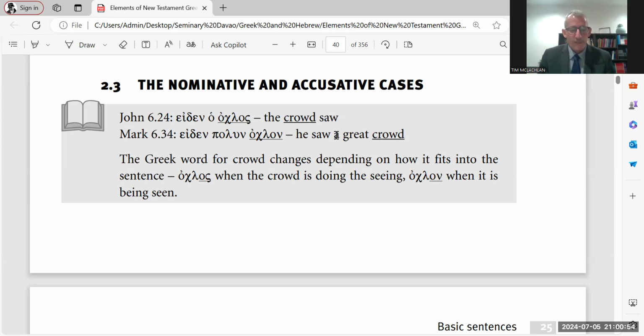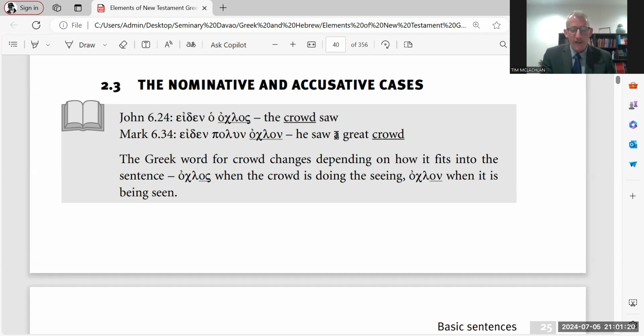Apostolos is apostle, and ginoskei together means an apostle knows. You can almost pick up the epsilon iota on the end, that's the third person singular. So apostolos ginoskei means an apostle knows, and the word apostolos is the nominative case.